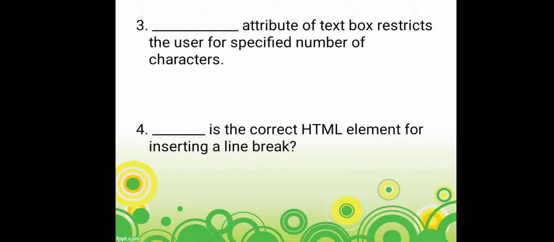Many students have attempted, but what mistake you have made, I'll tell. The actual answer is maxlength. But many students got it wrong, because maxlength is a single word, and if you type max space length, the computer will accept it as a wrong answer.